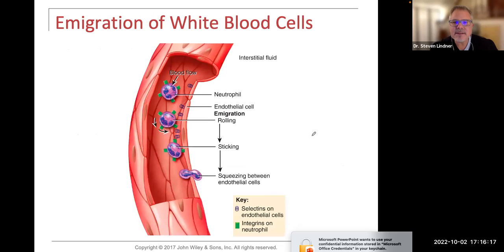You can see the emigration is when you have what looks like a neutrophil right here. It starts to stick to the endothelial lining. It starts to roll and stick, and then it squeezes on through and gets to the damaged area.